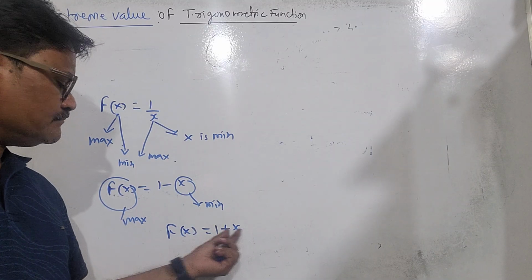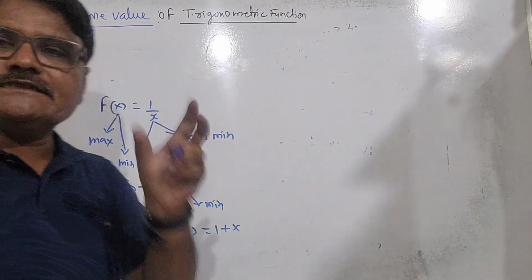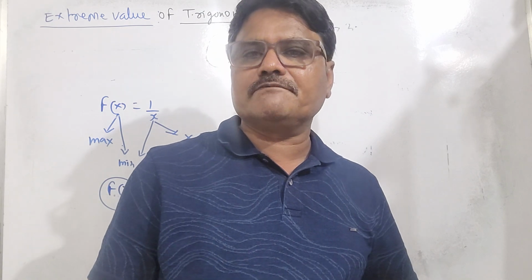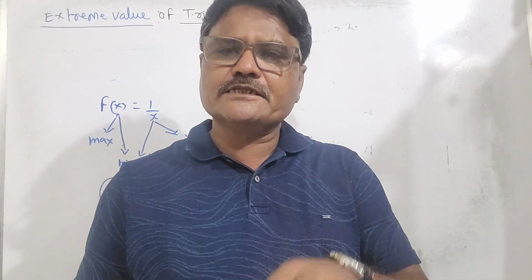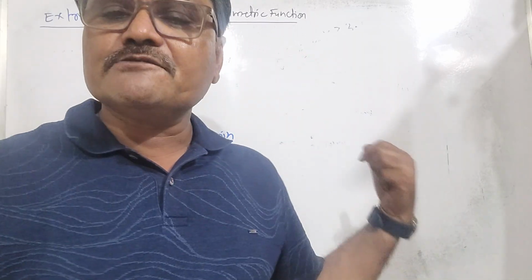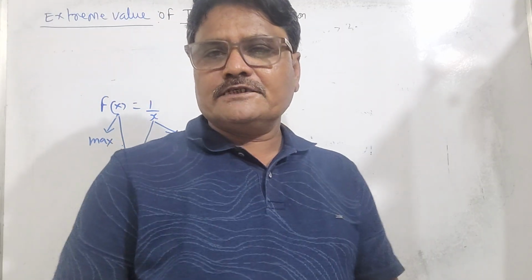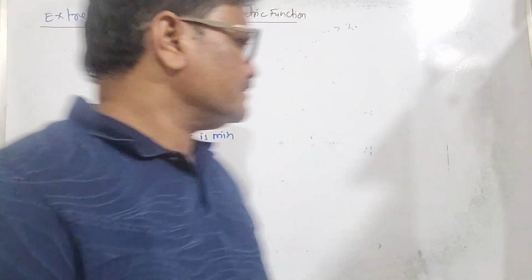If x is minimum, then f(x) will be minimum. So this concept is very interesting, and you can utilize it to find out the range of a function expression involving two or more trigonometric functions, and you can immediately find out the range.